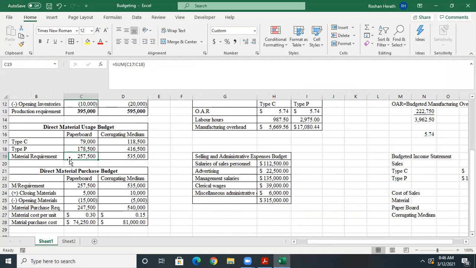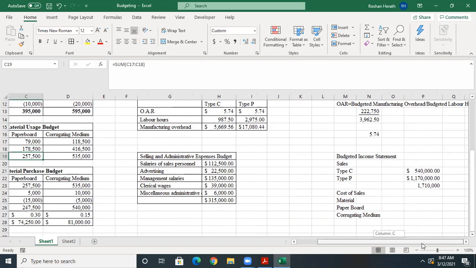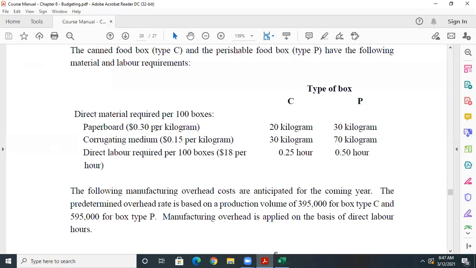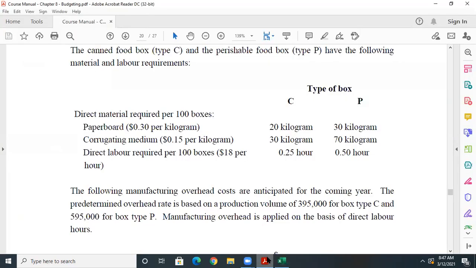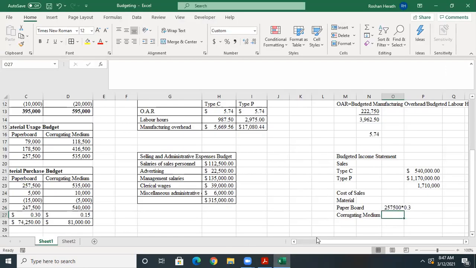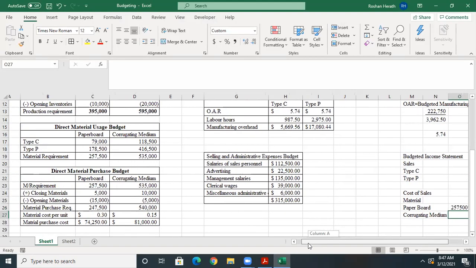For paper boards, for the two kinds of products, it's 257,500. That can be multiplied per kilogram. Per kilogram, it's 30 cents. And when it comes to the medium, for this production, how much does it take from the material usage budget? There it comes 535,000.